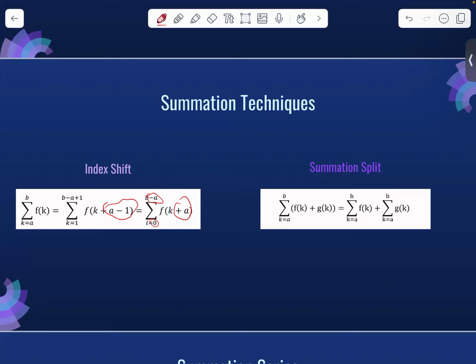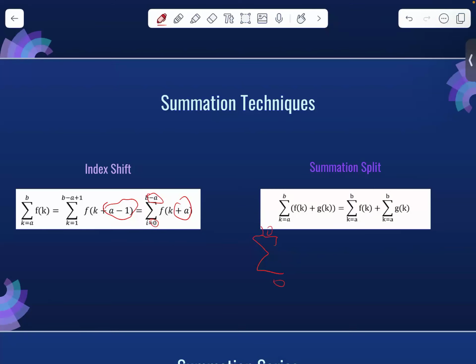Then you could also split your summation. If you have 2 different forms being added together, you can split them into 2 separate summations. That way you can evaluate those closed forms separately, and then add them together. Or you could also split the bounds of a summation.